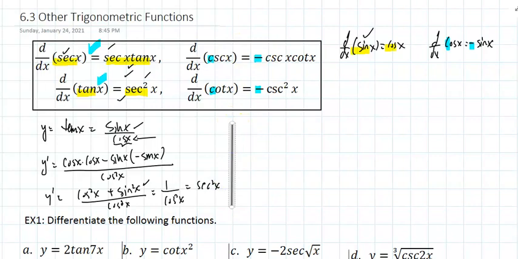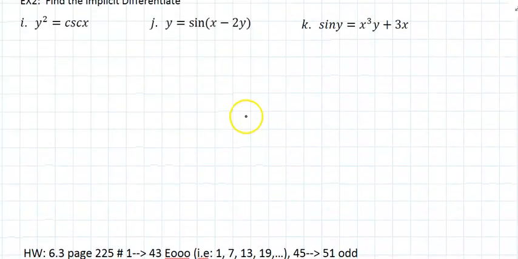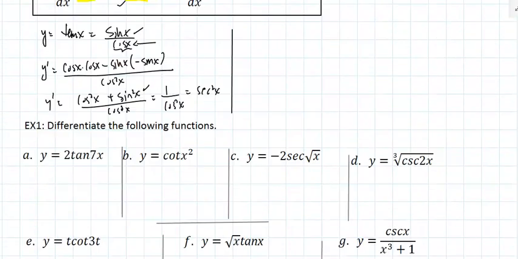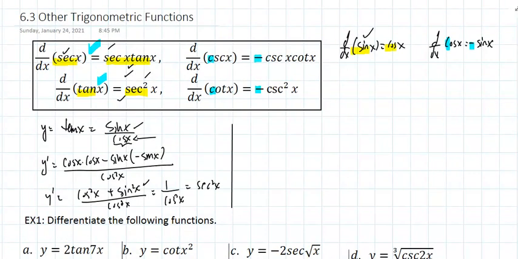You could pick any of those. If I want to take a derivative of cosecant, if y equals the cosecant of x, for example, I'll say that's 1 over the sine of x.